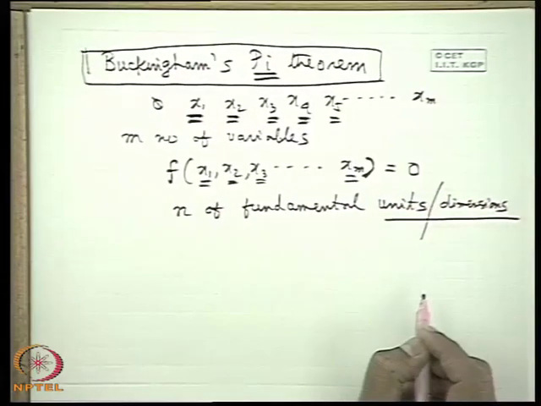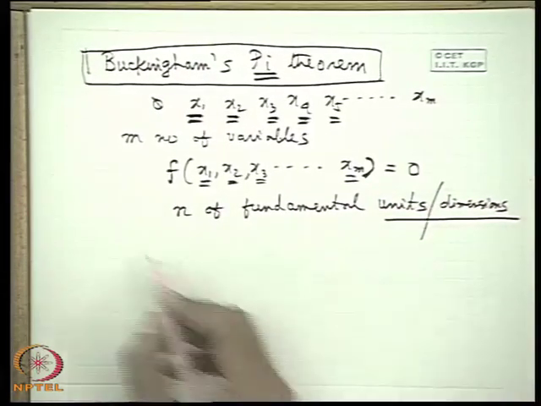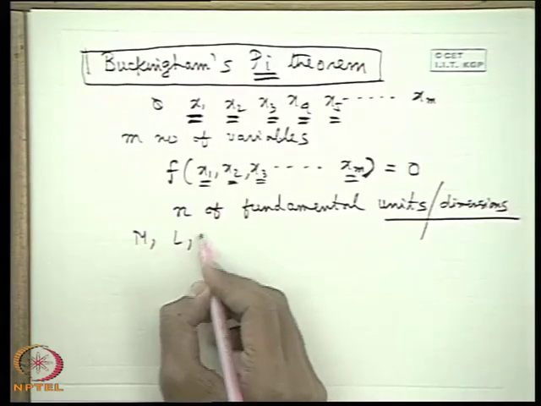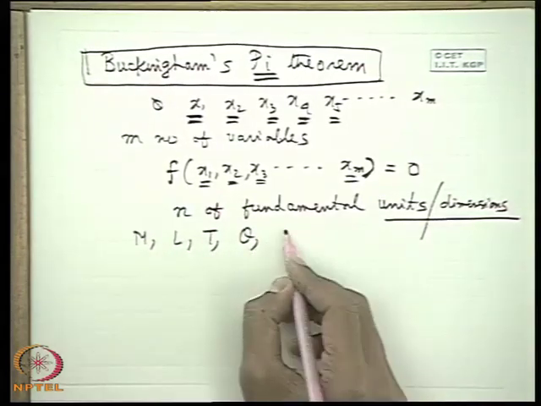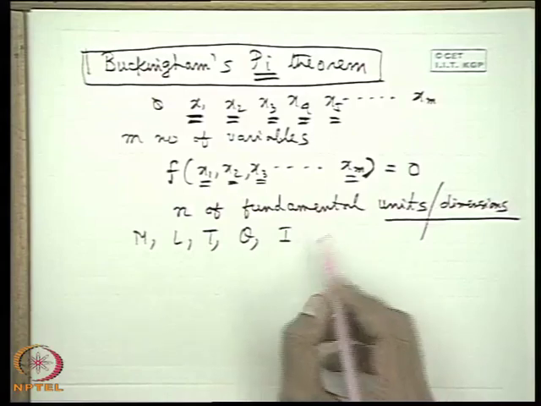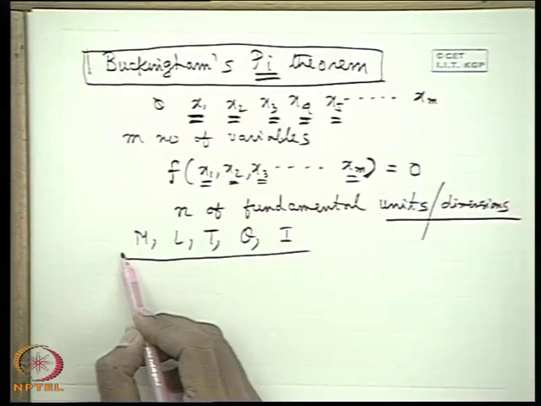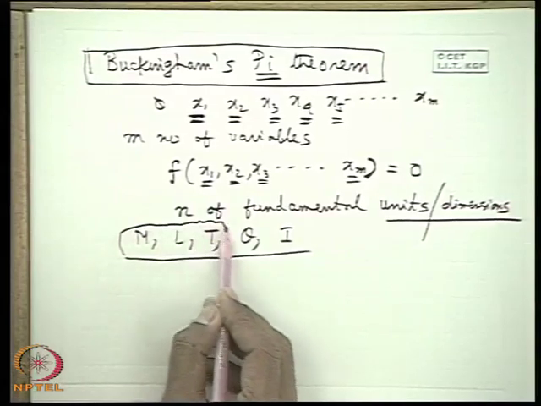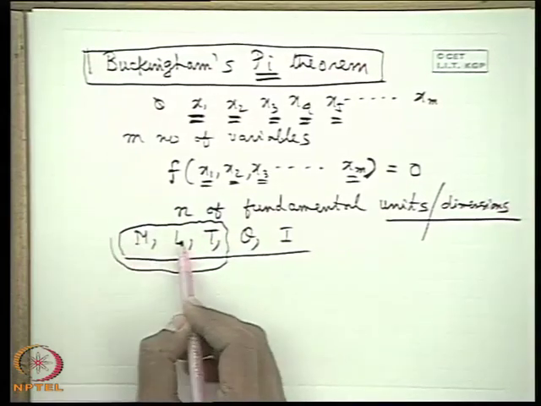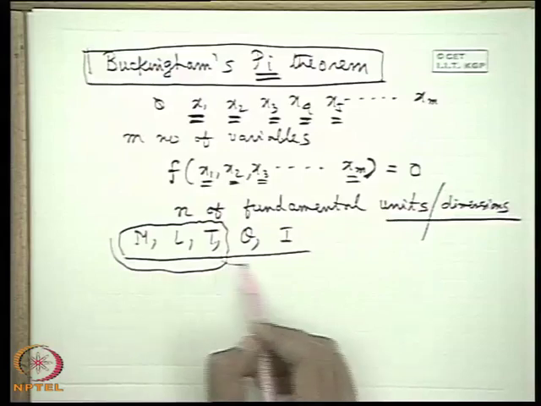What are fundamental dimensions? As you know, the fundamental dimensions are mass, length, time, temperature, current intensity or luminous intensity. These are the fundamental dimensions. In fluid flow, we are only involved with mass, length and time, not even the temperature.